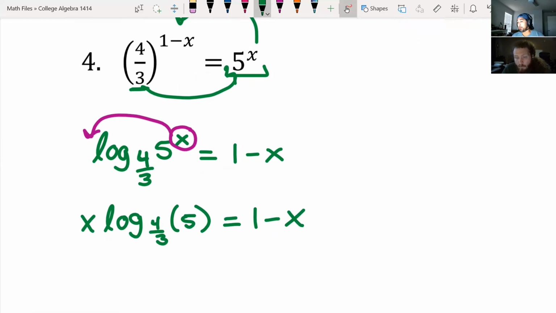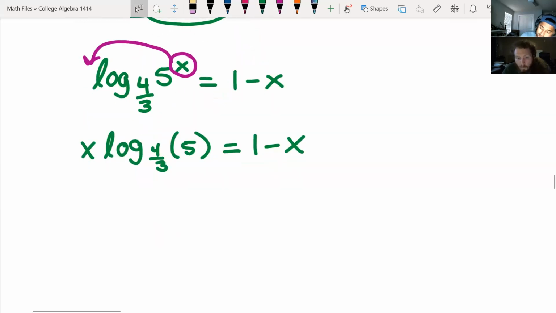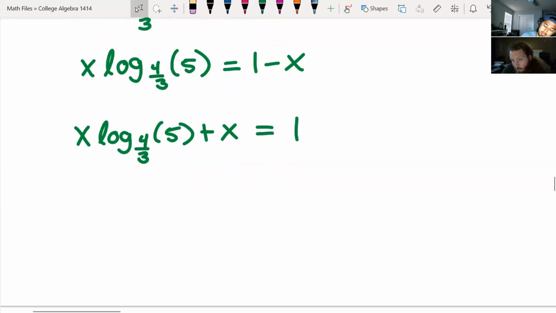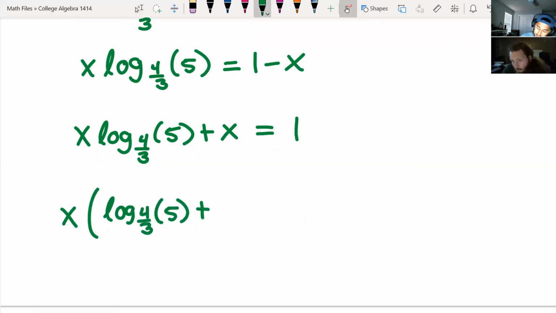And now we're solving for x. So we're going to take this x and add it to the right side. And we get x times the log base 4/3 of 5 plus x equal to 1. Still solving for x, we're going to factor it out. And you get x times (log base 4/3 of 5 plus 1) equal to 1.